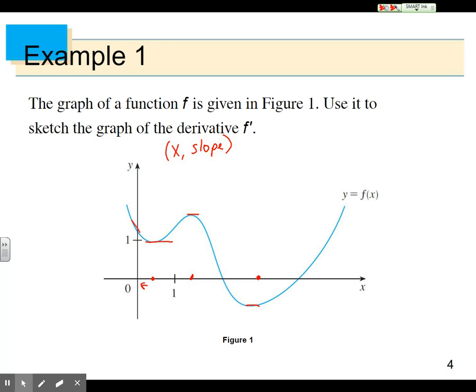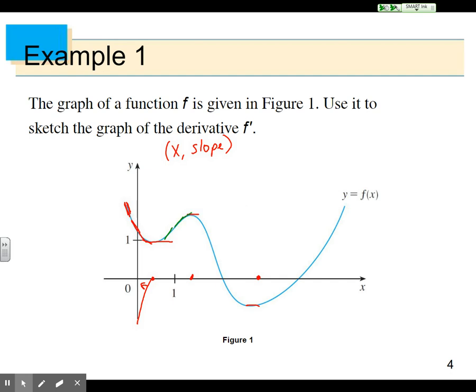To the left of it, I had a very steep negative slope, and my slope becomes less and less negative, closer to 0, as I got closer. And so I'm just going to bring my line up from here.